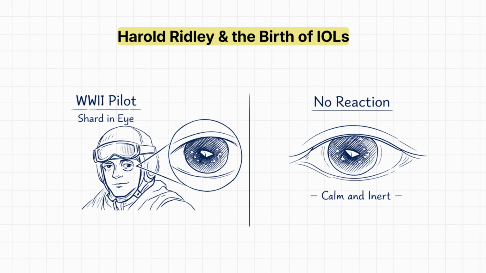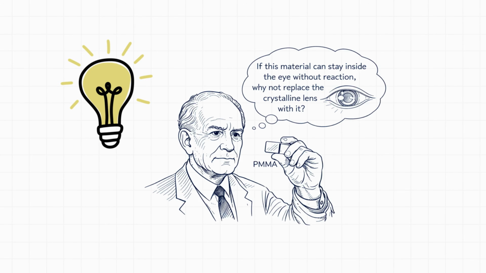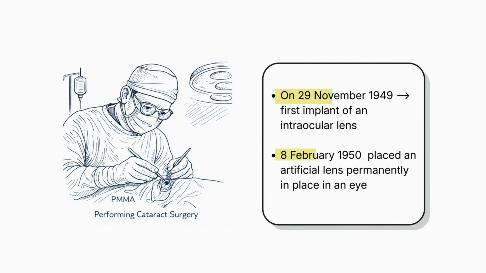Pilots with fragments of PMMA cockpit canopy embedded in their eyes showed very little inflammatory reaction even after years. This observation led to a radical idea. If this material can stay inside the eye without reaction, why not replace the crystalline lens with it? In 1949, Ridley performed the first successful intraocular lens implantation using a PMMA lens.